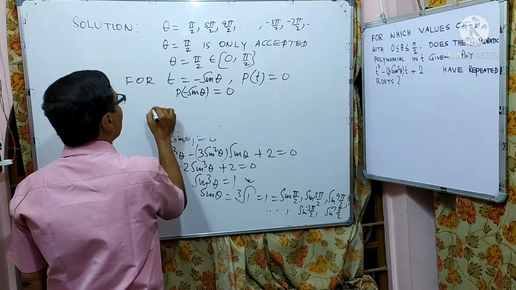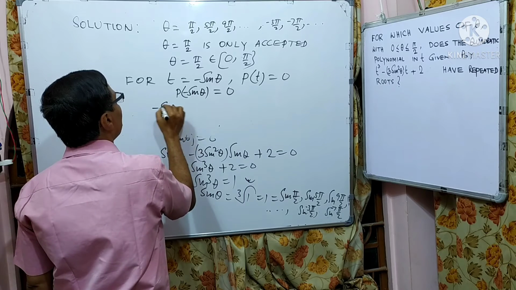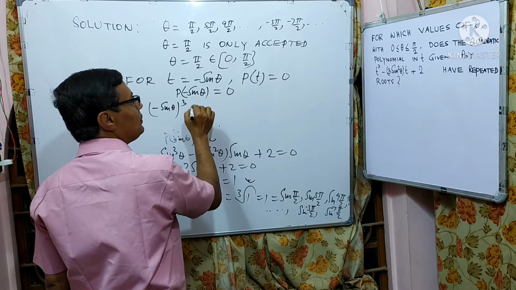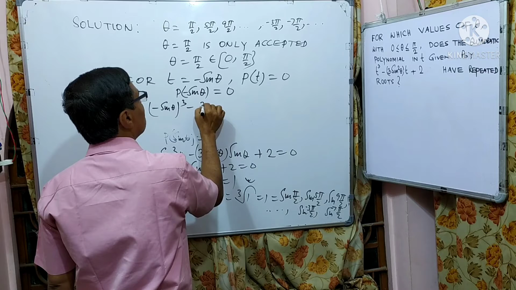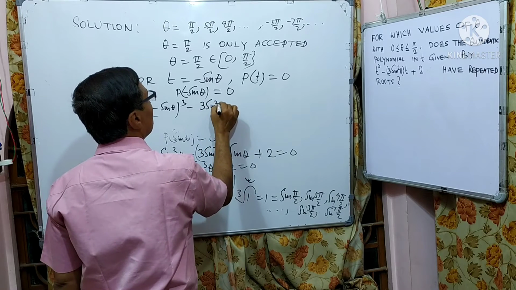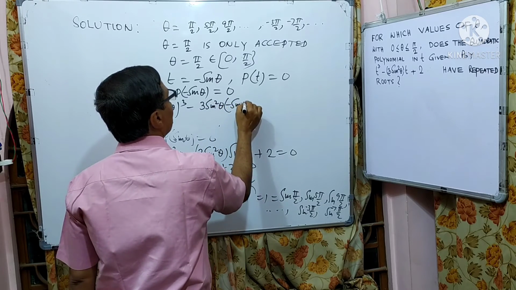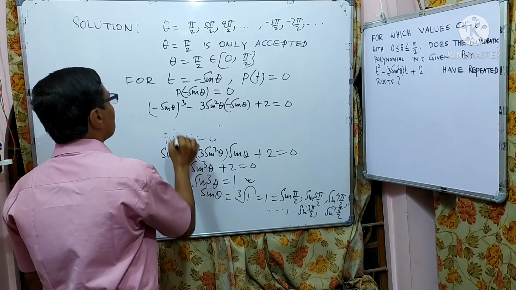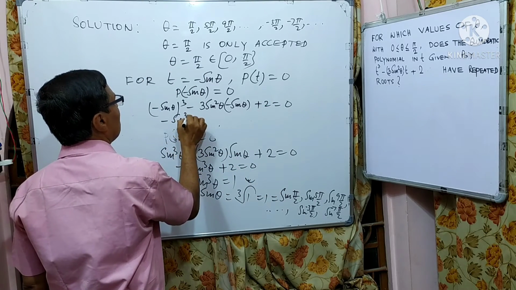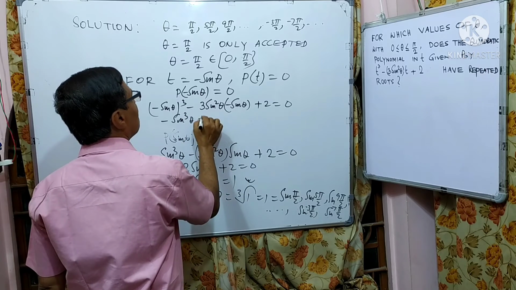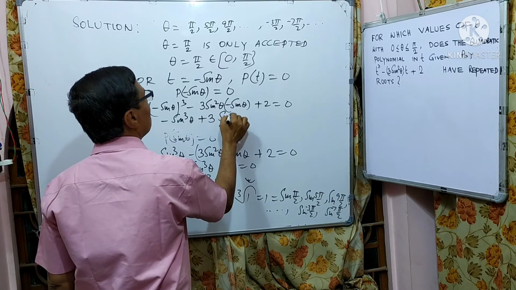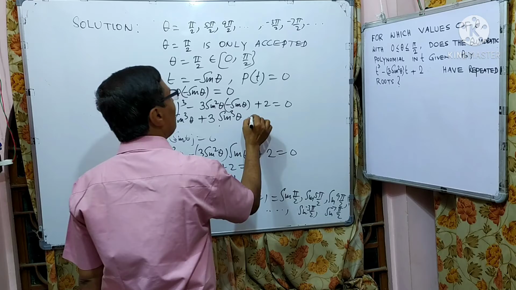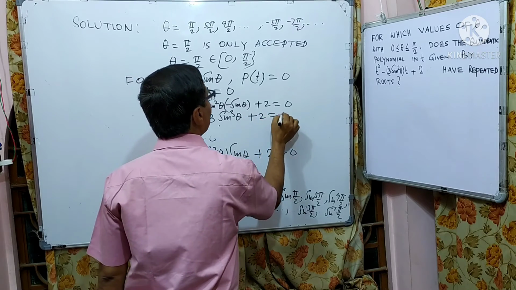So minus sin cube theta minus sin cube theta minus 3 sin square theta into minus sin theta plus 2 equal to 0. So minus sin cube theta plus 3 sin cube theta plus 2 equal to 0.